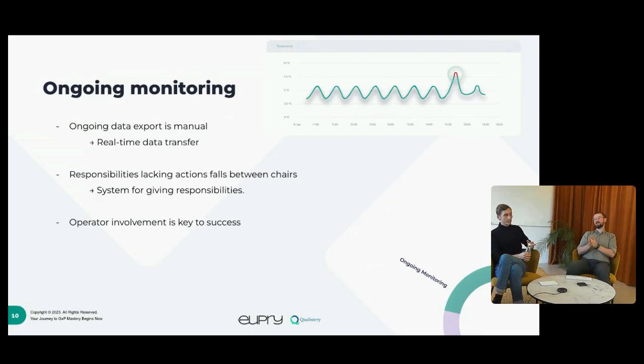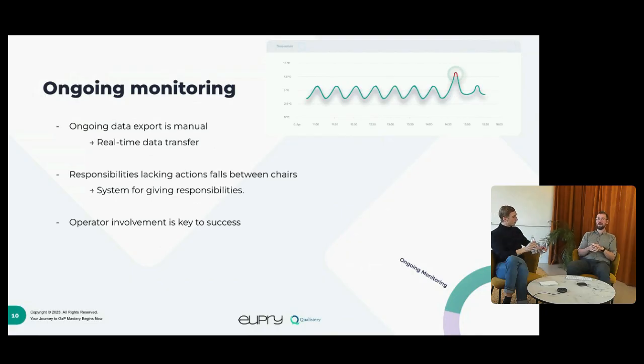One of the things, and this correlates closely to what we've just discussed, is we see a tendency that thermal compliance as a concept, and I would say also a culture, tends to rely on a central quality unit. And I think a major pitfall is to believe that a central quality unit or the quality team, whatever you call it, has the best feeling for what goes on at an operational level.